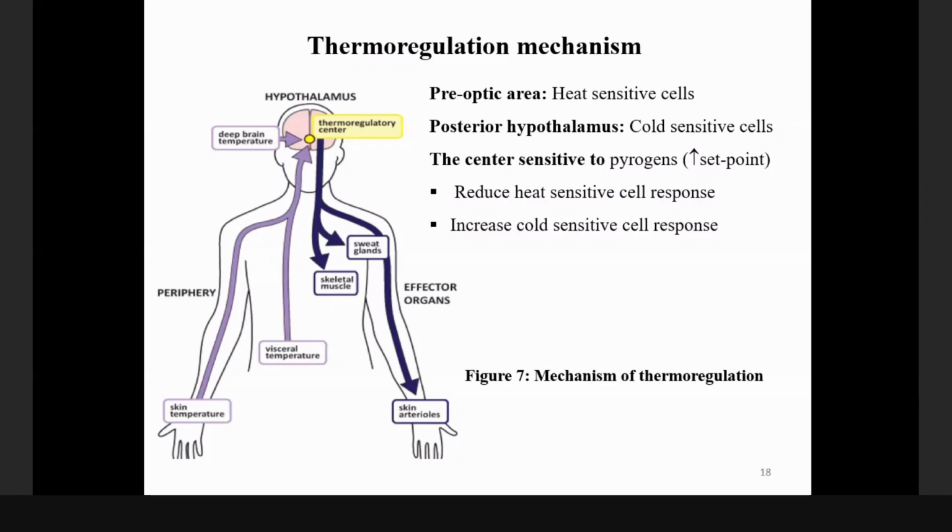The hypothalamus is a structure in your brain that contains the thermoreceptors, divided into areas. The first is the pre-optic area that contains heat-sensitive cells. These cells become very active when your body temperature is increased. When the heat-sensitive cells get active, heat-losing processes are made in your body.